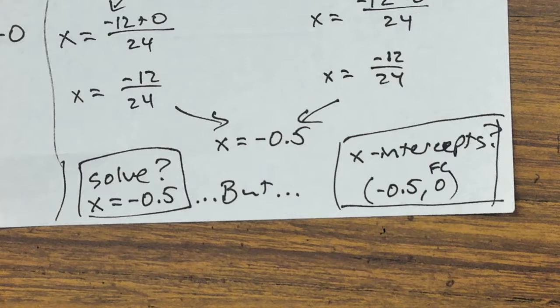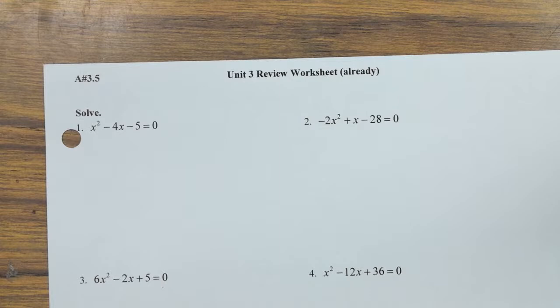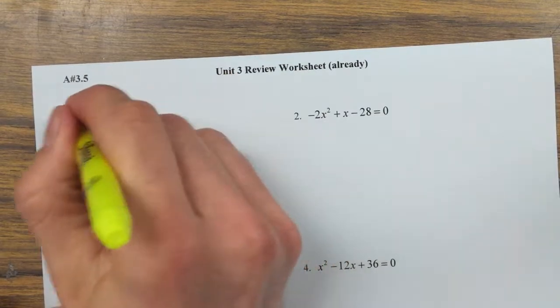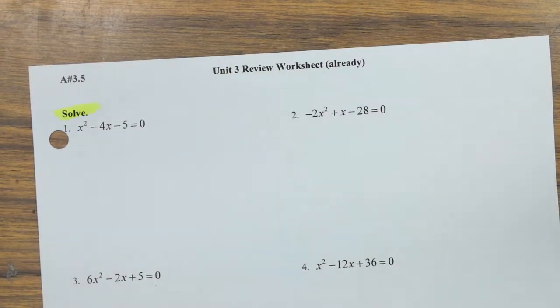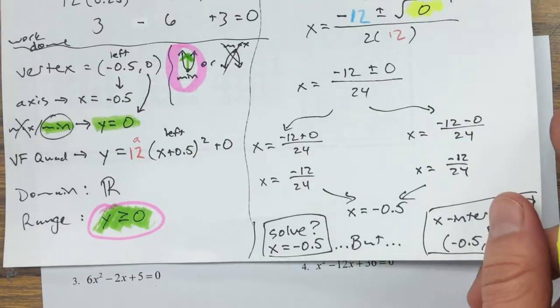Now, one final thing. Notes are done. One final thing that I want you to know. Pull out your worksheet. If you look at your worksheet, look at the directions. The directions say solve. Do you have to do everything we just did in our notes?